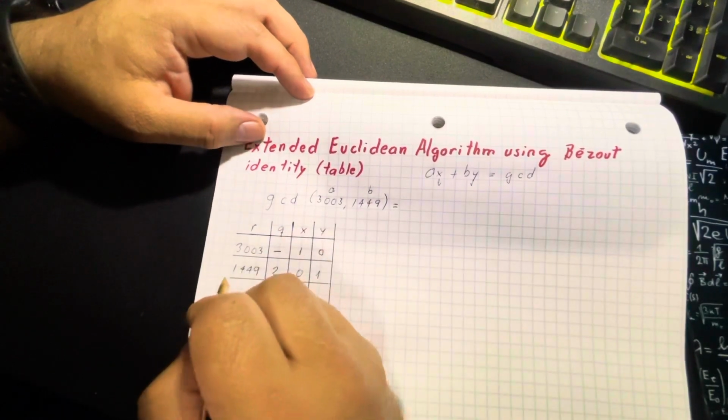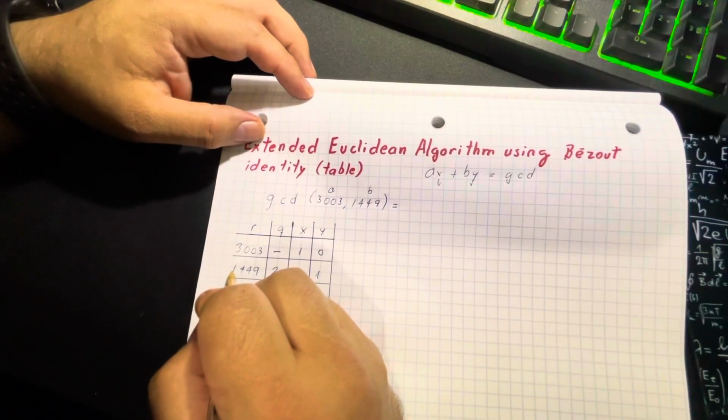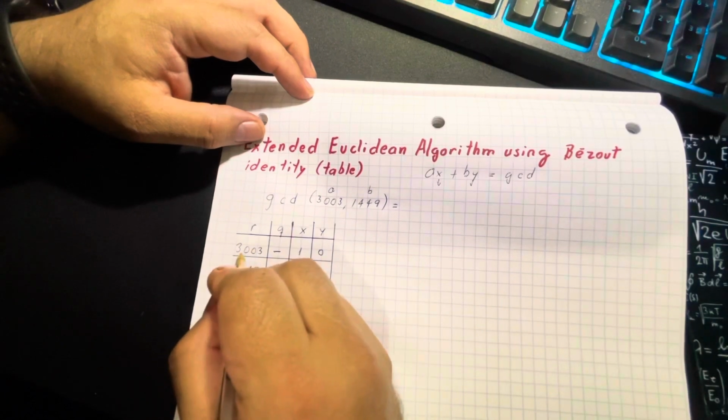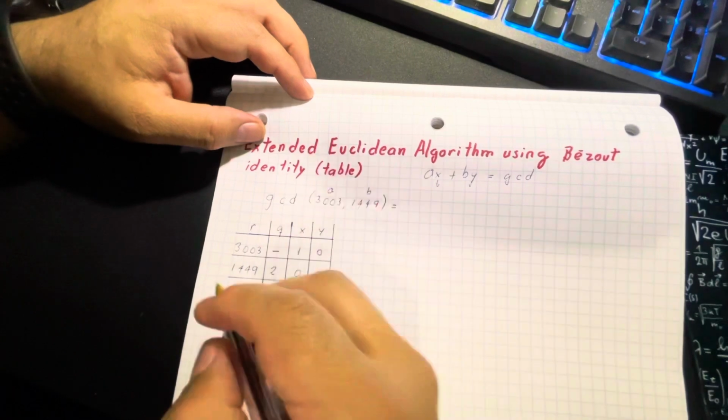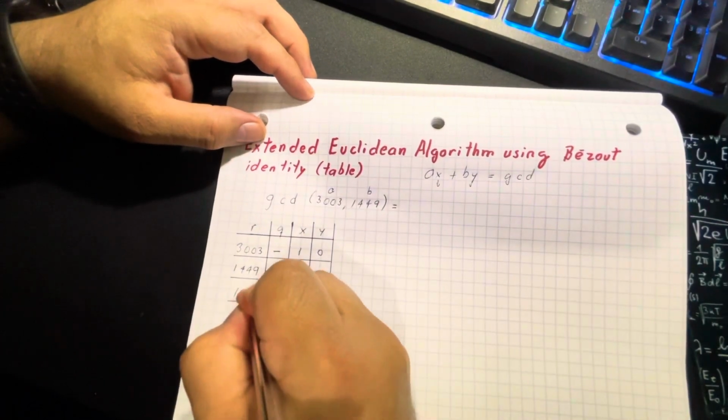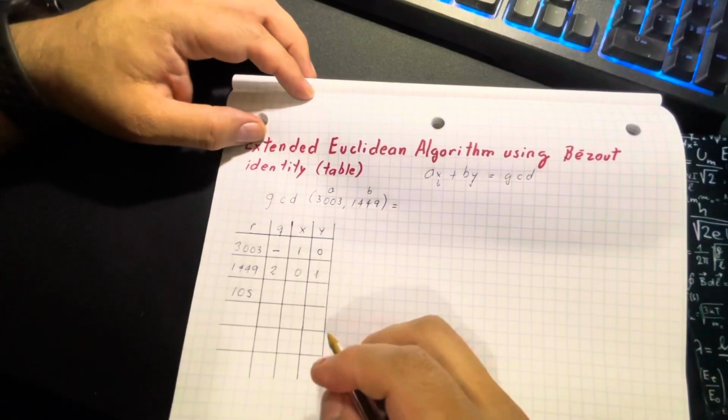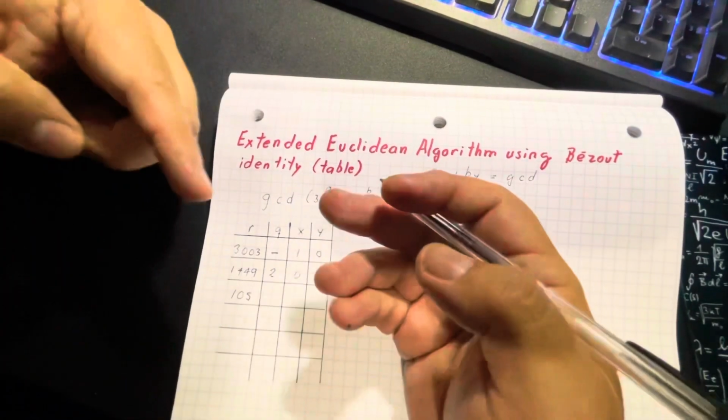If we subtract that amount from 3003, we're gonna have a remainder of 105. It goes over here. We keep on operating, right?